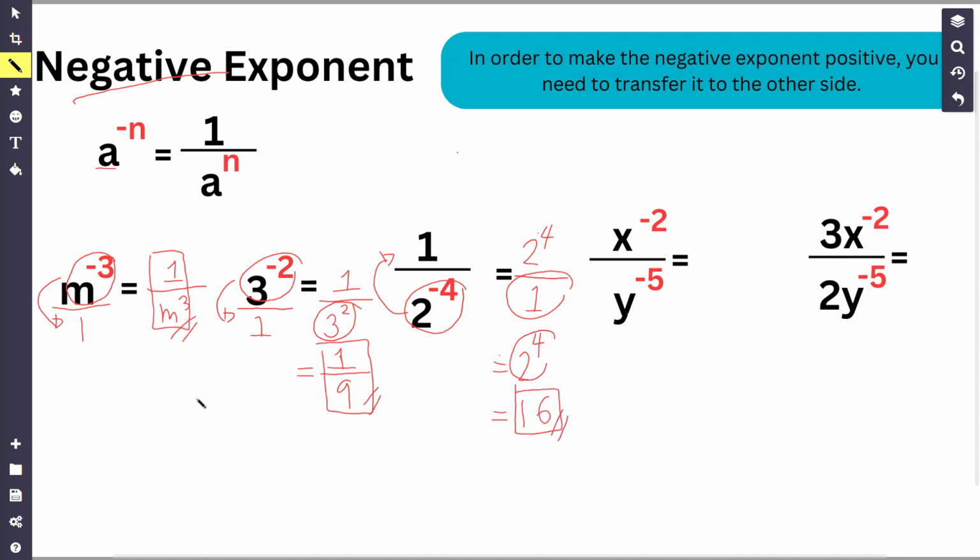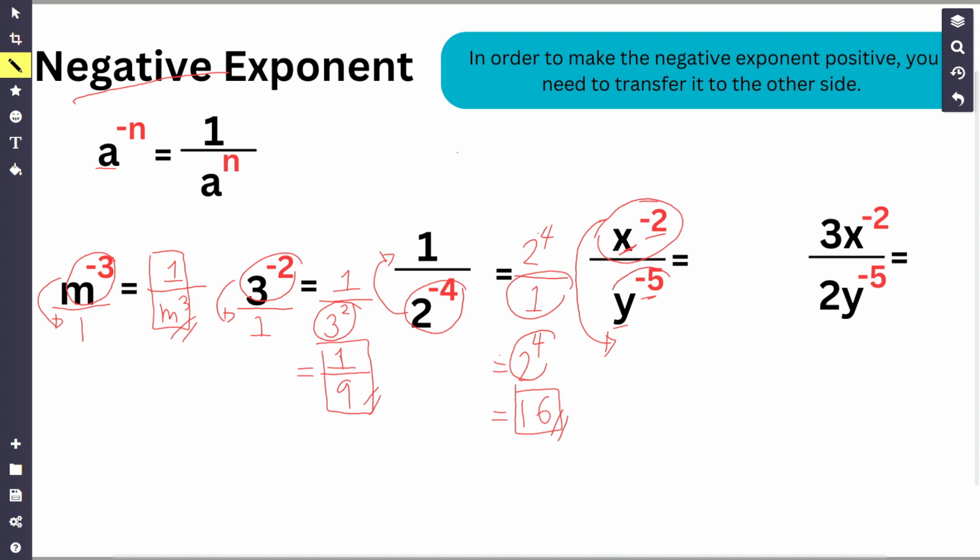Now what if we have more than one variable? In the example we have x raised to negative 2, and in the denominator we have y raised to negative 5. Same thing that I mentioned a while ago. If we have a negative exponent, you just have to transfer the term to the other side. If it's in the numerator, to make the exponent positive, you bring it down to the denominator.